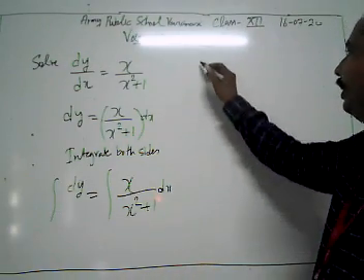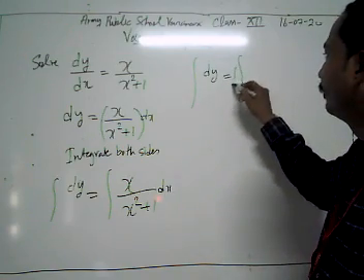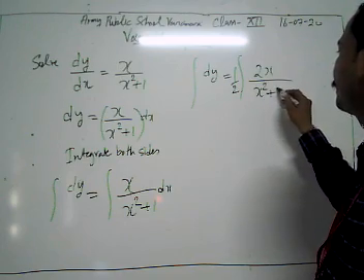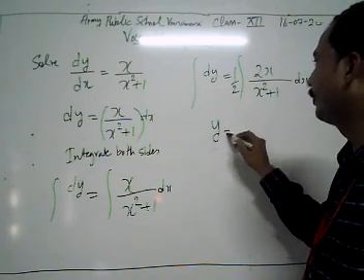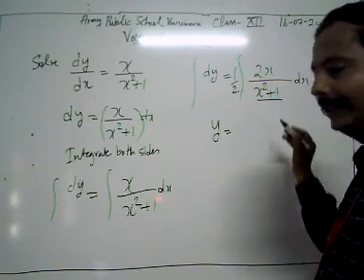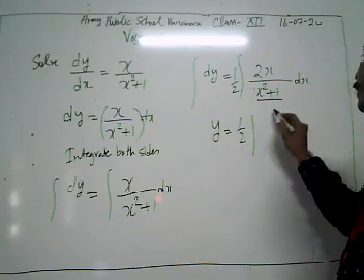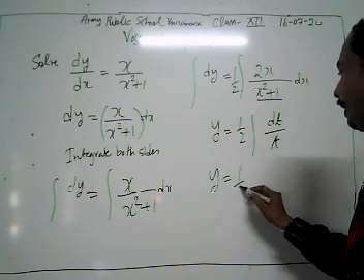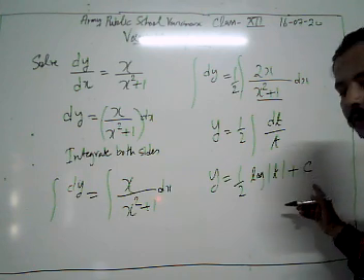We can write integration of dy equal to 1 by 2 times 2x upon x square plus 1 dx. Integration of dy is y. We take x square plus 1 equal to t, then 2x dx is dt, and we get 1 by 2 dt by t. So y is equal to 1 by 2 log of mod t plus c.